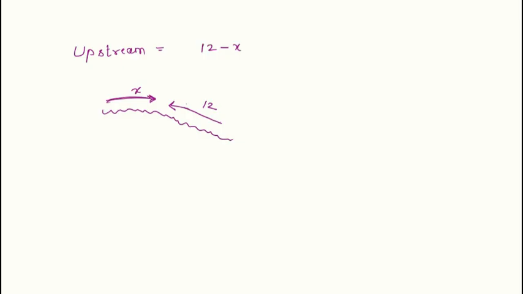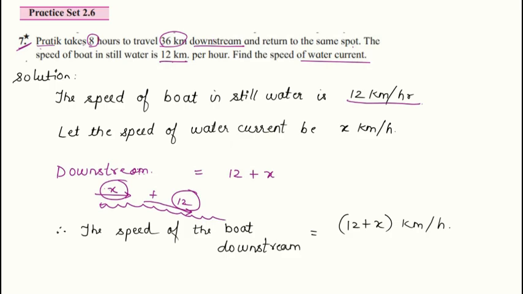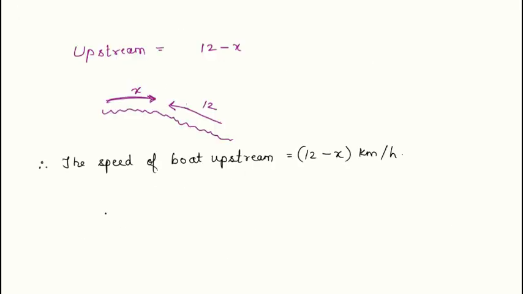As we need to find the speed of water current, let's take one formula: time is equal to distance upon speed. If we are able to find this, we will get the value of x.